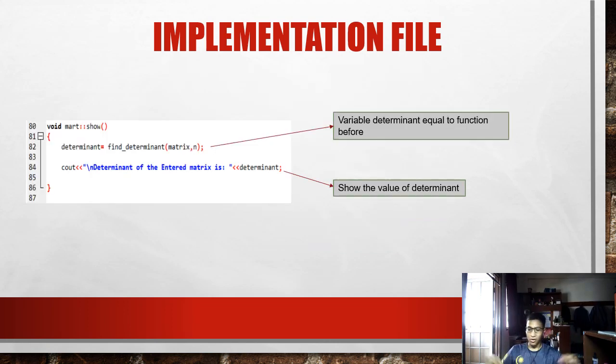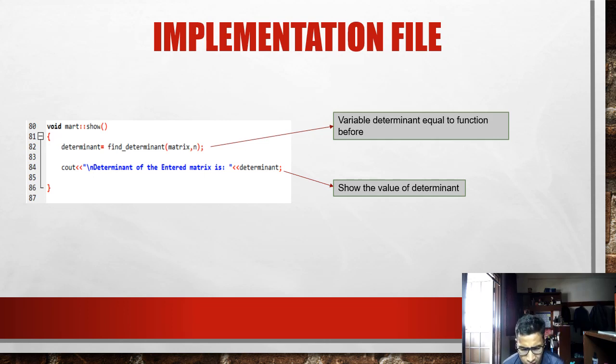After all of that, now we need to show. Again, I declare a show function in the math class. Then I declare a variable named determinant, and this variable will be equal to the find determinant matrix, equal to the previous function. This find determinant is an integer.